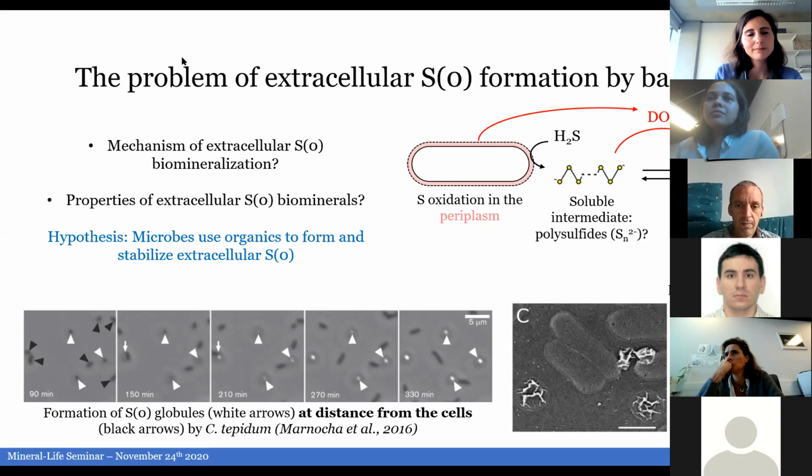Just from a speculation point of view, is this a correct framework to think that the microbe itself is producing a very selective organic compound, which triggers the whole extracellular stabilization of sulfur 0?